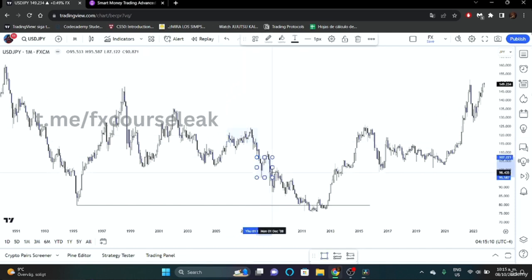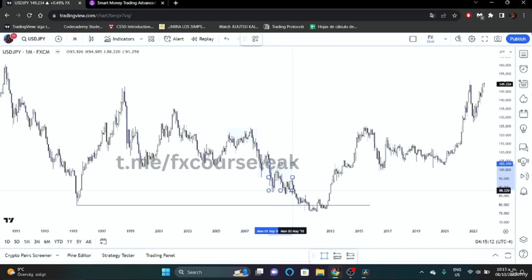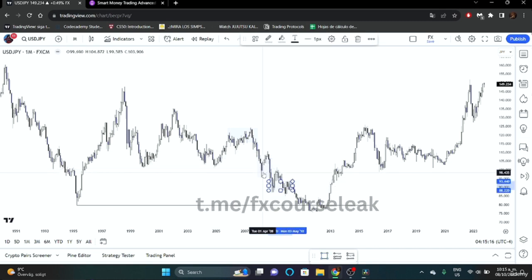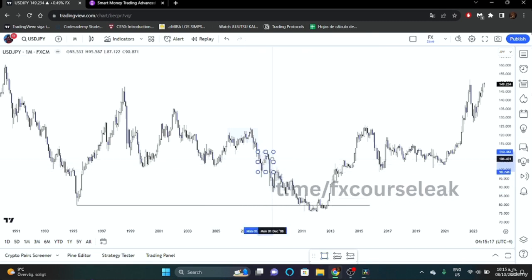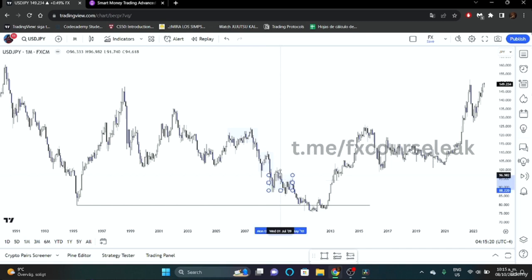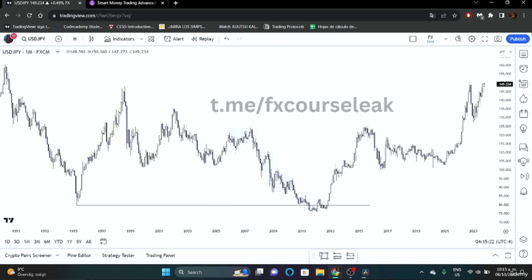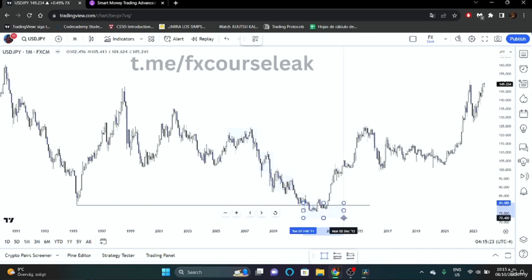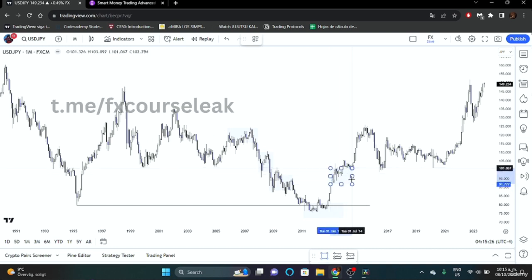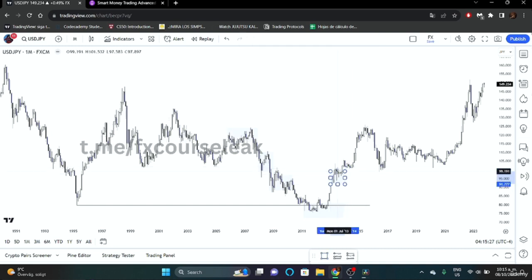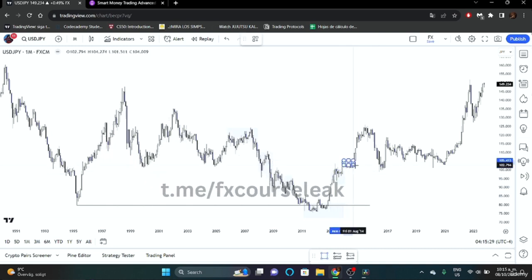First accumulation. Second accumulation. Remember, they accumulate at the up candles. Reversal. First accumulation. Second accumulation.